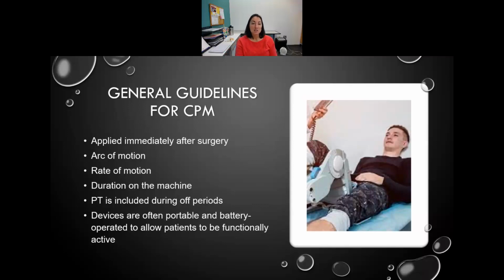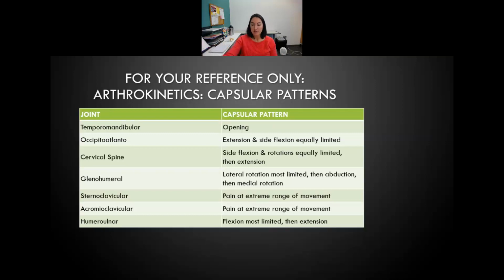Okay, these next slides are just for your reference, and this is helping you understand the capsular patterns. So capsular patterns mean that you see typical patterns specific to each joint of movement limitations that tell you the capsule is what's limiting that movement.